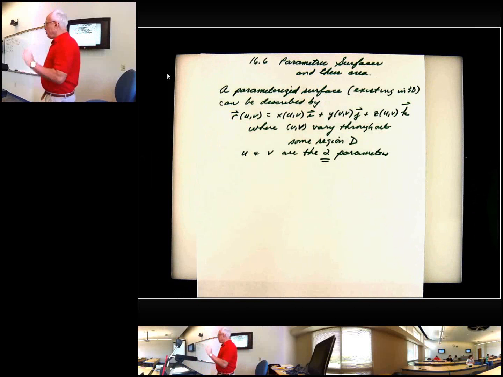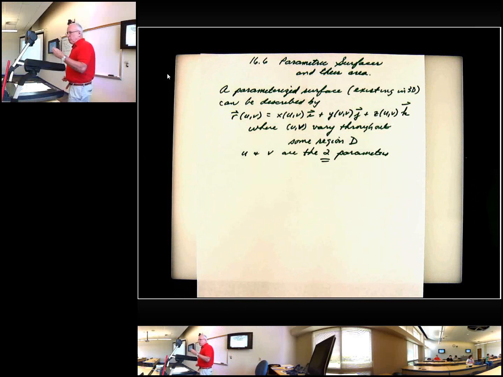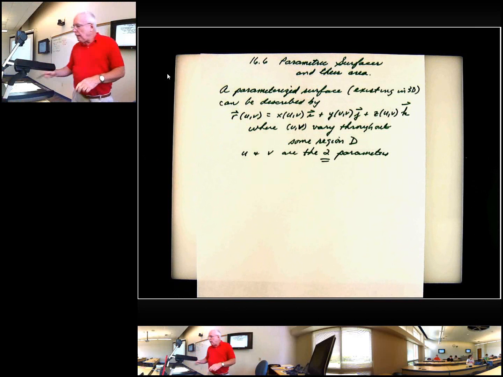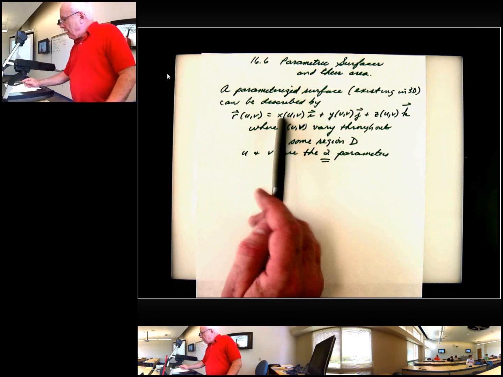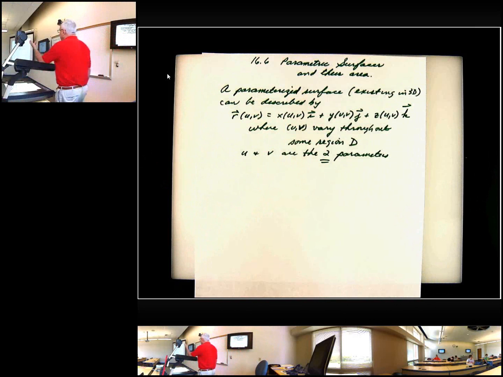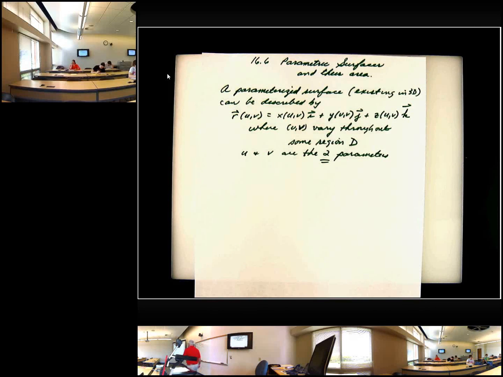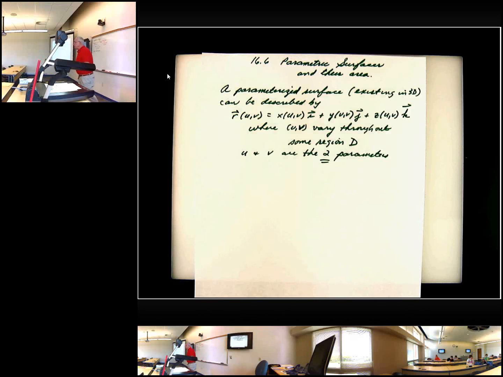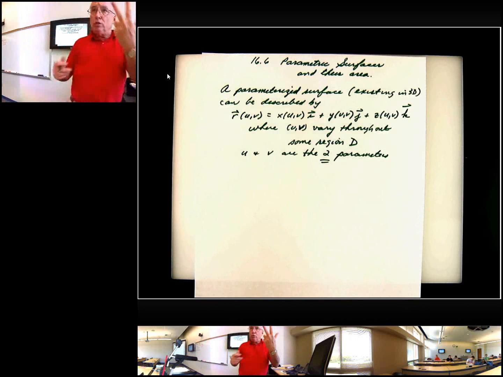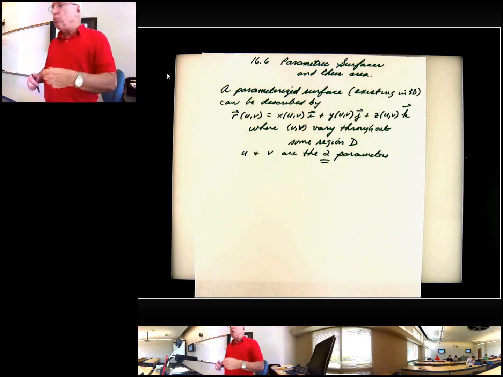The parameters are u and v, or that could be x and y or something else, but u and v. And so x is a function of u and v times the i vector plus y, a function of u and v times the j vector plus z, a function of u and v times the k vector. And then u and v are ranging throughout some two-dimensional region that we're going to call capital D.